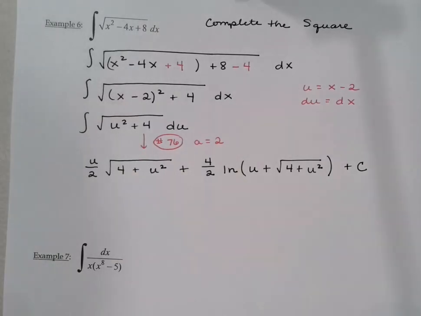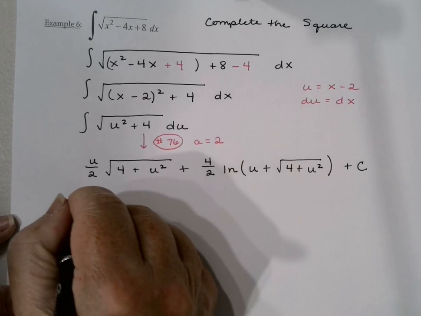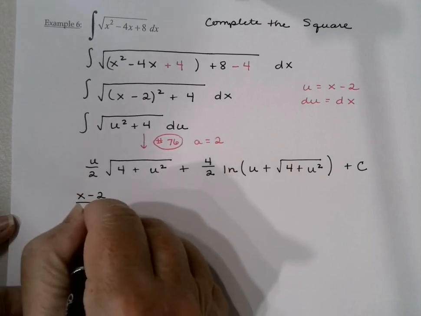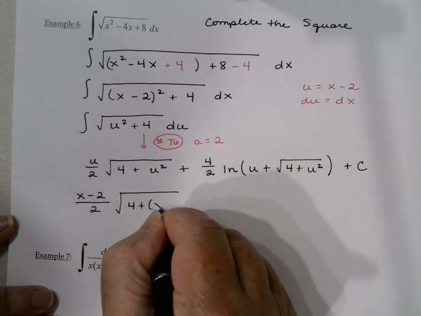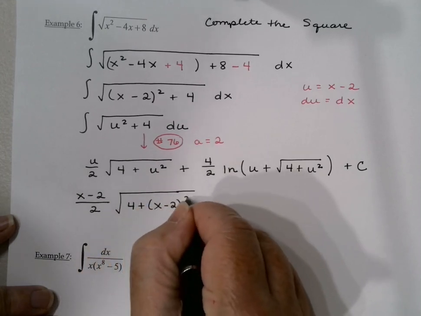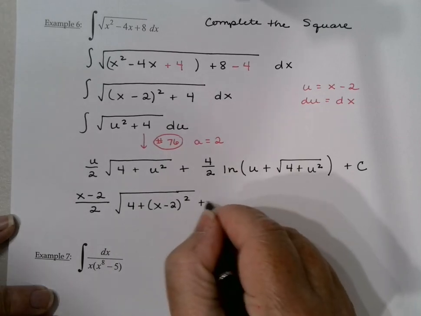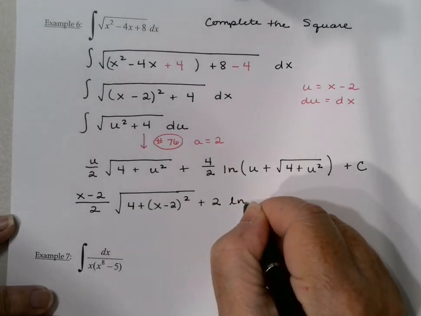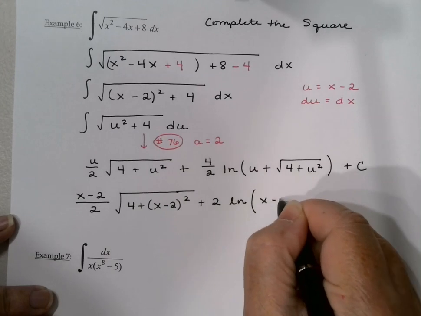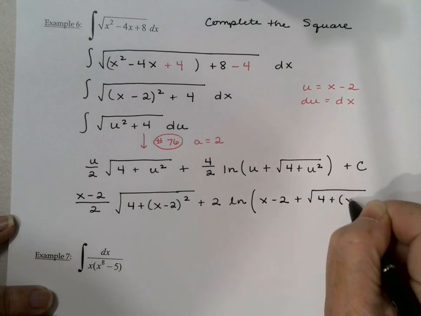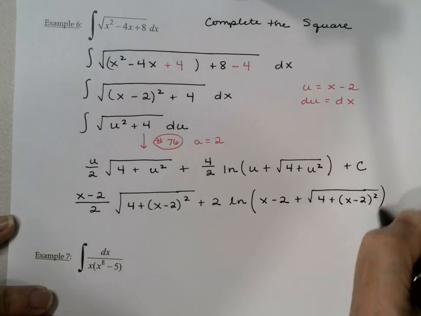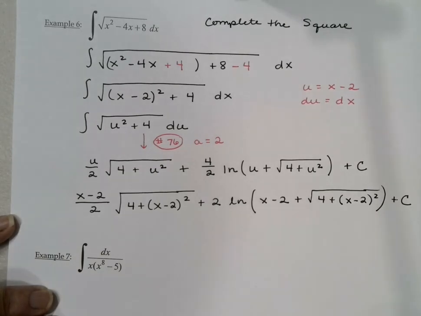All that's left to do is simplify just a tiny bit and then replace all of the u's with x minus 2's. So this would be (x minus 2) over 2, square root of 4 plus (x minus 2) squared, plus 2 natural log of x minus 2 plus the square root of 4 plus (x minus 2) squared, plus c.